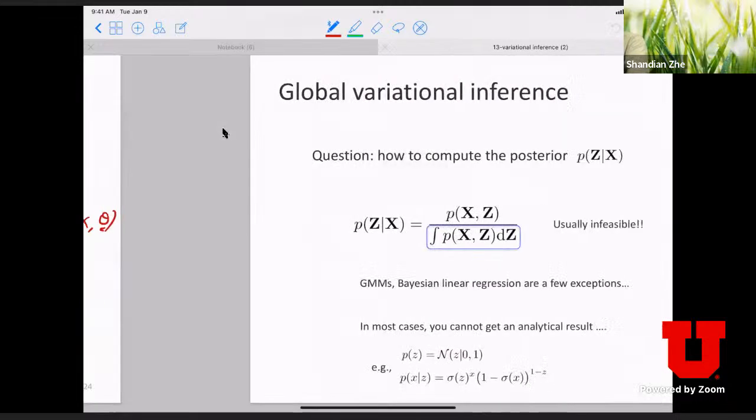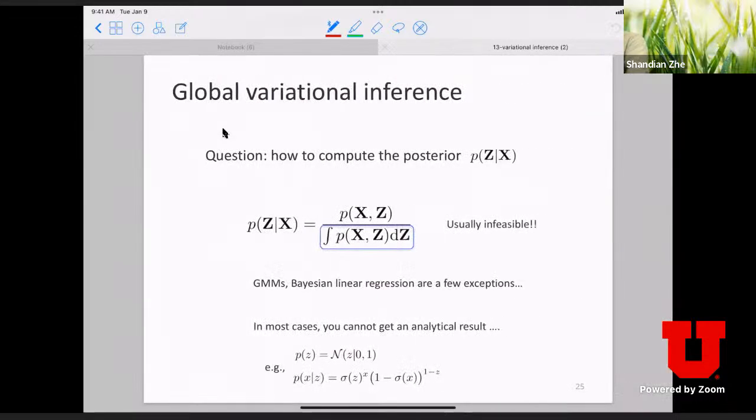When we run the EM algorithm, we assume this posterior distribution of z given x, under any setting of theta, is always easy to compute or has some closed form. However, in the general case, the posterior distribution is usually infeasible to compute. As we discussed before, following Bayes' rule, you have to compute the marginal distribution of x.